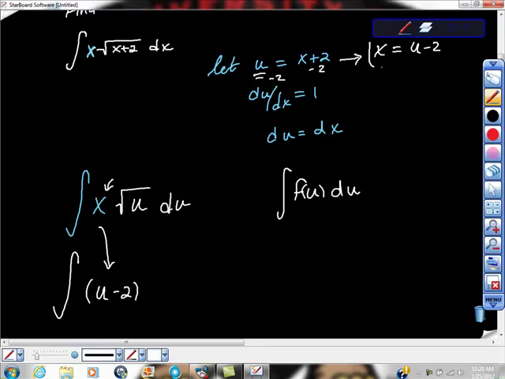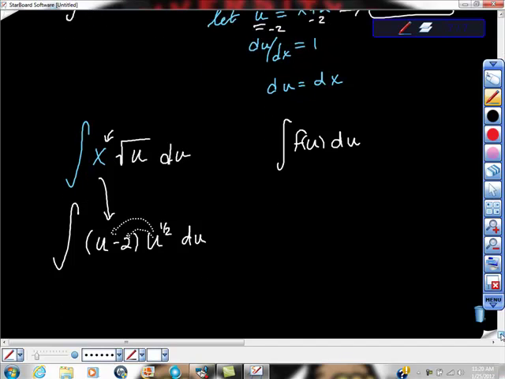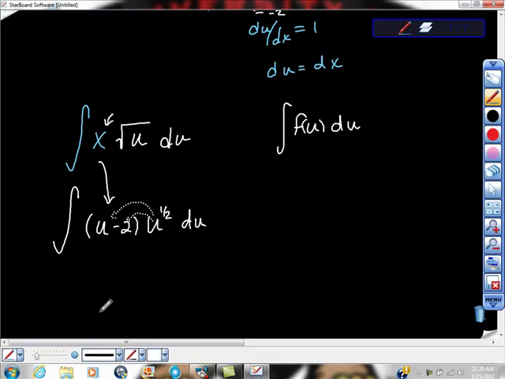We solved algebraically, and we got x is equal to u minus 2. Here's our square root of u. Remember that square root is exactly the same as saying u to the 1/2 power, du. From here, we finally get to what we wanted. We're just going to distribute, and then we're going to be able to integrate.